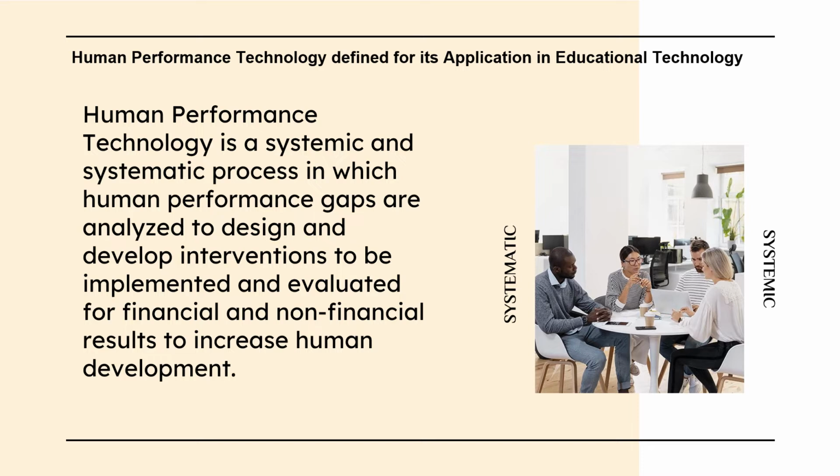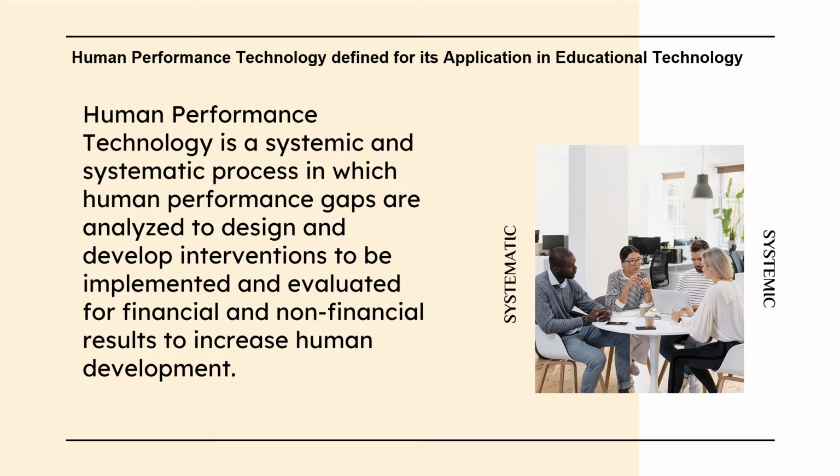What do we mean by systematic here? For this paper, systematic is being defined as a linear step-by-step process that connects the analysis, design, implementation, and evaluation components of HPT.